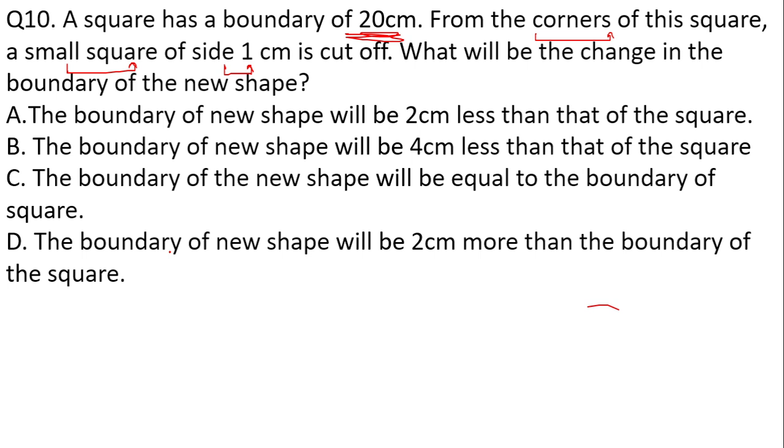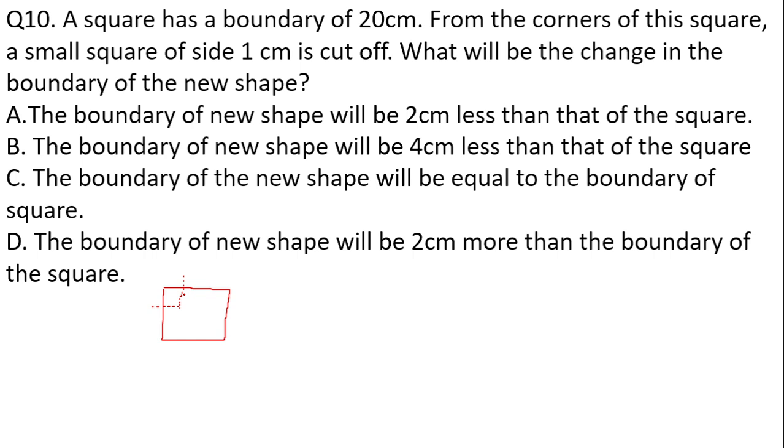So first thing, in the given question, I have already discussed this question in our foundation batch as well, where we are talking about the boundary. Boundary means perimeter. For example, this is that square.